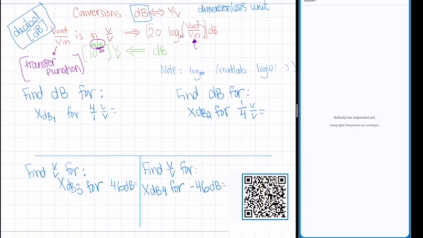Yeah. So that's just the variable name for that.